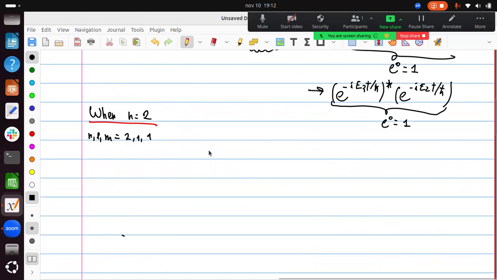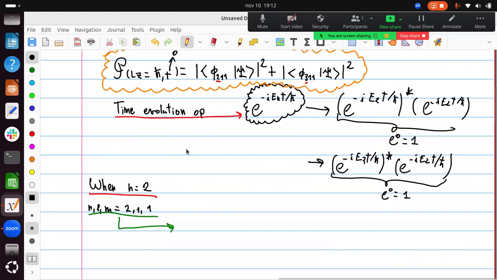Therefore, the associated bra and the corresponding probability of this will just be the thing that we have here.